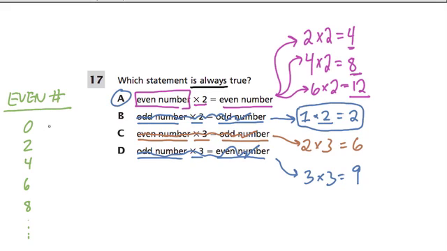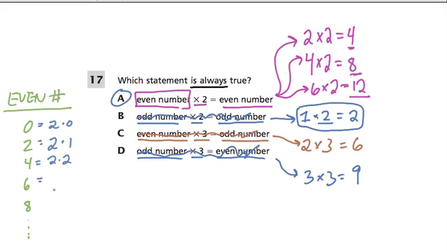Factors are numbers that multiply to equal what you're looking for. So for factors of 0, I can say 2 is a factor of 0 because 2 times 0 is 0. What about 2? Well, 2 is also a factor of 2 because 2 times 1 is 2. And 4, well, 2 is a factor of 4 because 2 times 2 is 4.